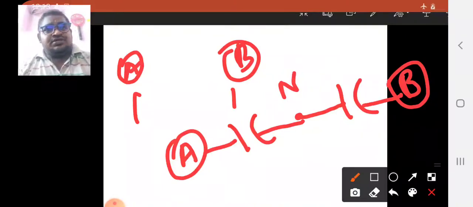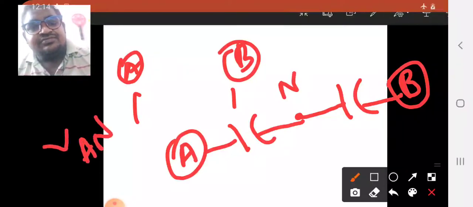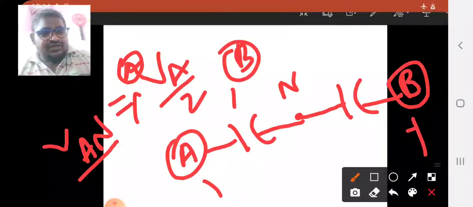Now we know that since the potential of the midpoint between the conductors is 0, the potential difference between each conductor and ground or neutral is half of the potential difference between the conductors. So how can you write this? VAN is equal to VAB by 2.